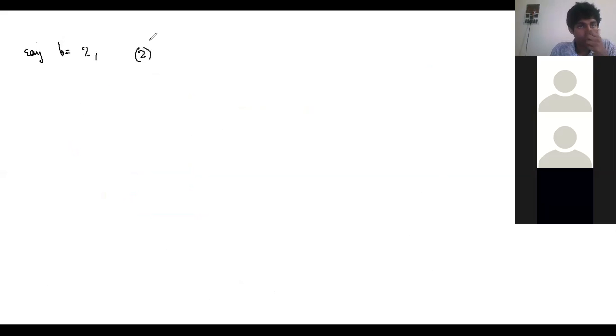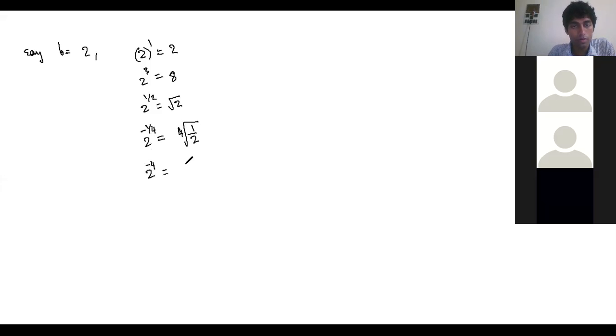Then 2 power 1 is equal to 2. 2 power 3 is equal to 8. 2 power half is equal to root 2. 2 power minus 1 by 4 is equal to 1 by the fourth root of 2. 2 power minus 4 is equal to 1 by 16.